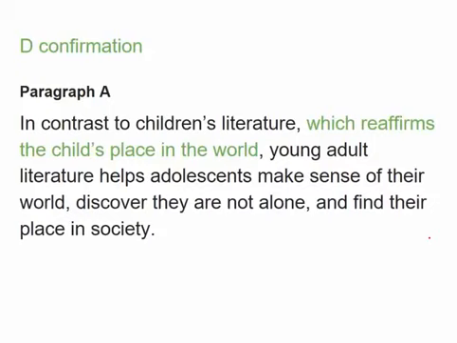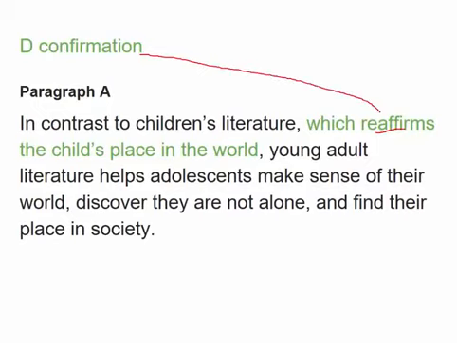In contrast to children's literature, which reaffirms the child's place in the world, young adult literature helps adolescents to make sense of their world. Okay, so in contrast to children's literature reaffirms a child's place in the world. It gives a child a sense that they belong in the world, and reaffirm means something very close to confirm.